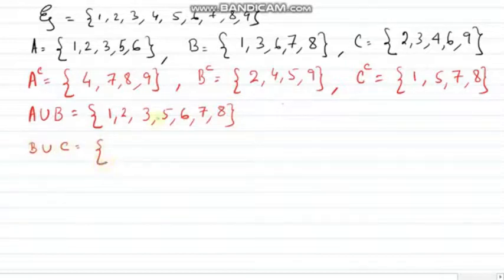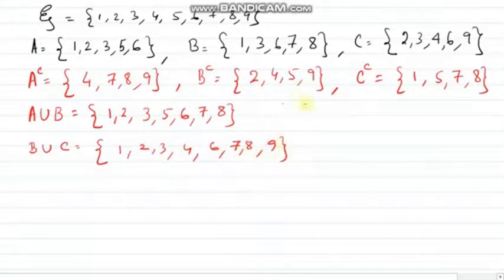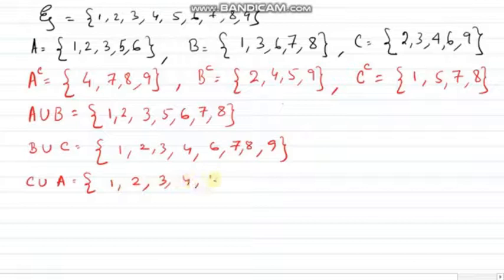B union C will be 1, 2, 3, 4, 6, 7, 8, 9. What will be C union A? All the elements of C and A. So it will be 1, 2, 3, 4, 5, 6, 9. Correct? So these are the concepts of A union B, B union C and C union A.